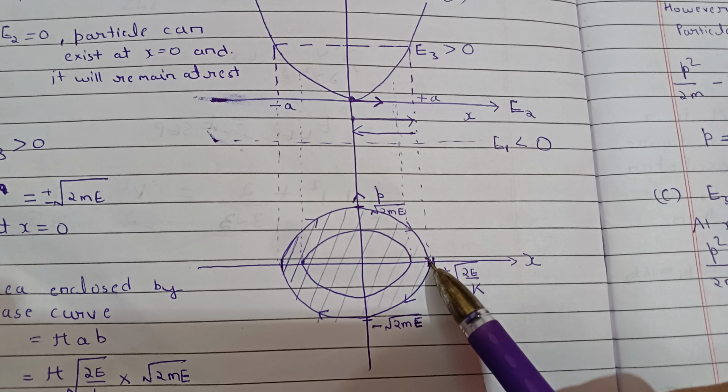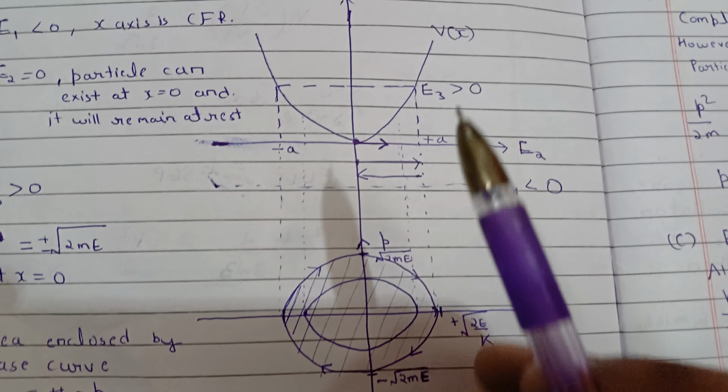Now because of the restoring force in the harmonic oscillator, the particle will go back, and this direction is the negative x-axis. So velocity will be negative and momentum will be negative. So the curve will go down because of the negative momentum.